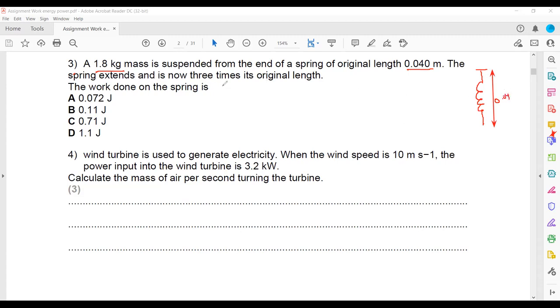But when we attach a load, the spring is extended to 3 times its original length. So 0.04 times 3 equals 0.12.